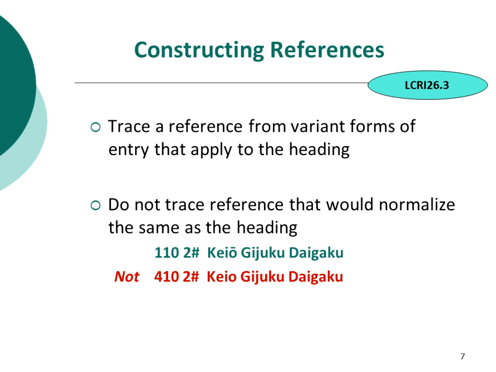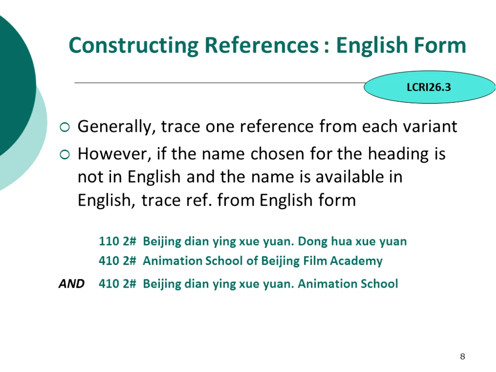According to the rule, we would not trace a reference that would normalize the same as the heading, because after normalization, the 110 with the diacritic will be normalized to the same form as if without the diacritic. So if you were going to consider a 410 without the diacritic, you would end up with two same forms between 110 and 410, and that's not allowed. So here again, the rule is do not trace a reference that would normalize the same as the heading.